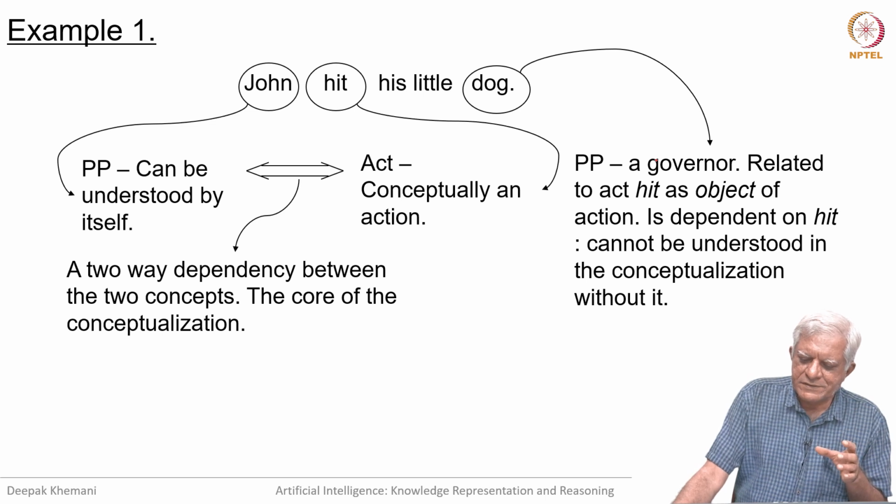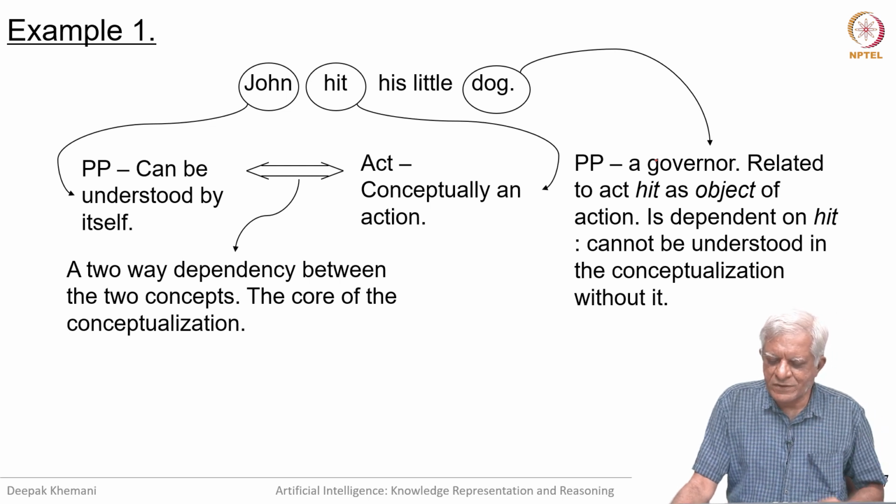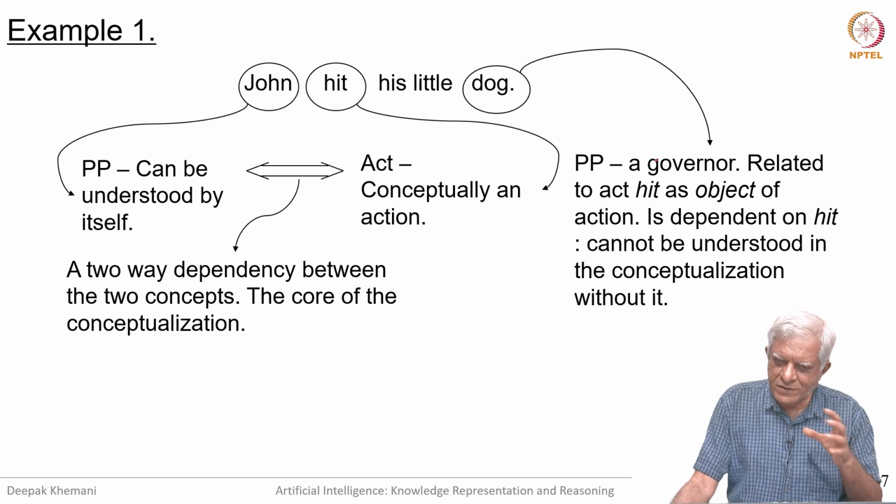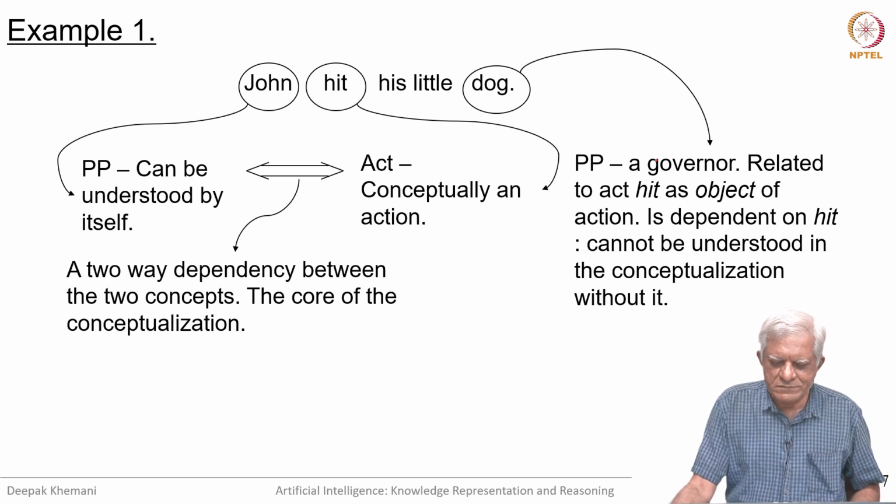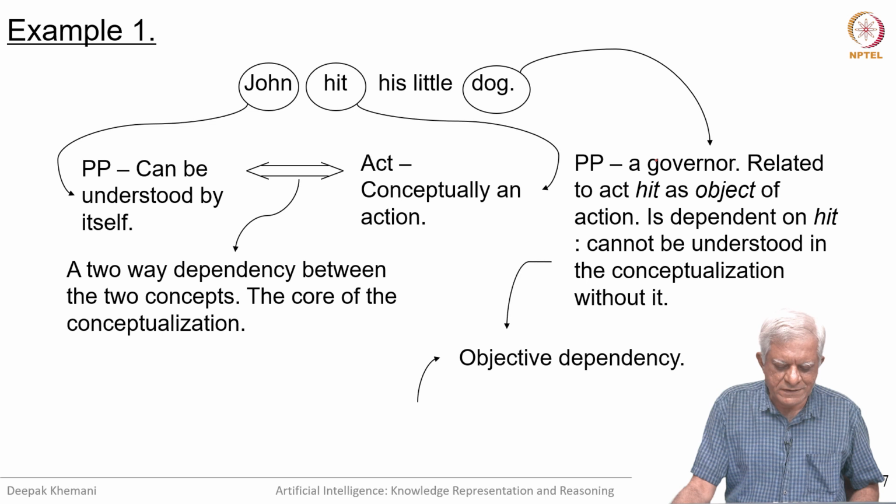The dog is also a picture producer. We can understand a dog by itself also, but it is related to the act hit as an object of an action. It is dependent on hit, and cannot be understood in the conceptualization without thinking about the word hit.